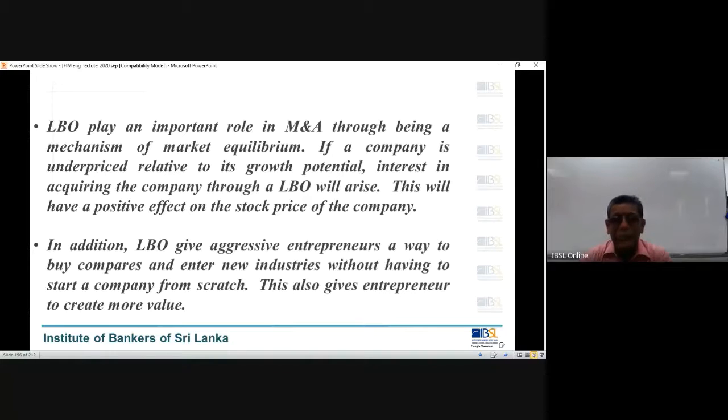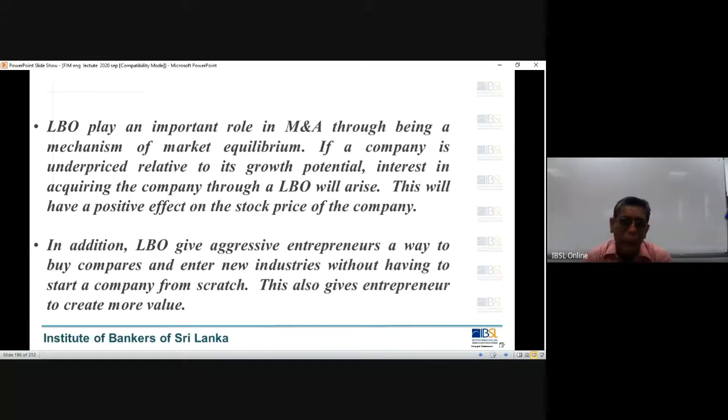It plays an important role in mergers and acquisitions. If a company's price is low relative to its growth potential, interest in acquiring the company through an LBO will rise. That is the simple thing you need to understand.